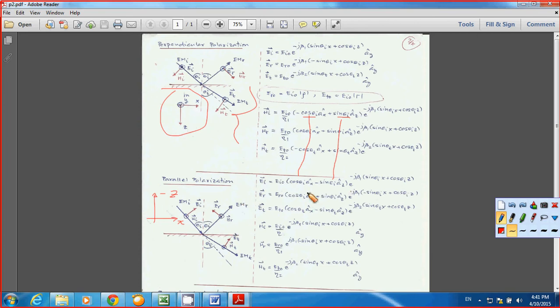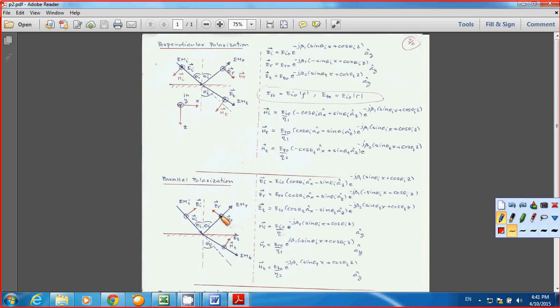So you look at this one. What happened? For Ei it is going this way. So you have the component at positive ax and then minus on the negative az direction. So that's why you have a negative sign in front of az, but you have a positive sign in front of ax.